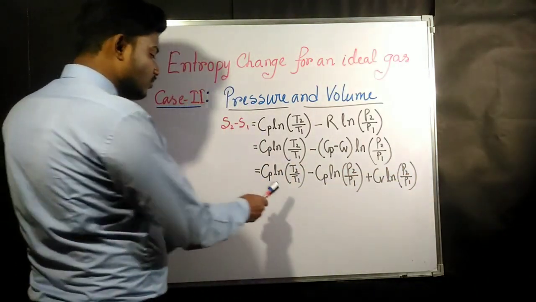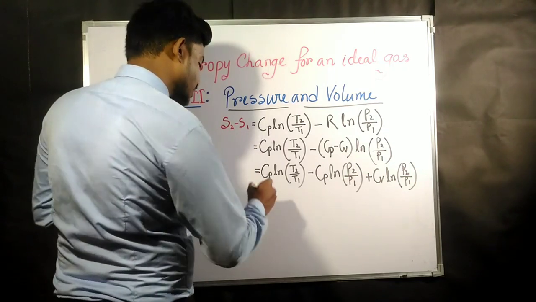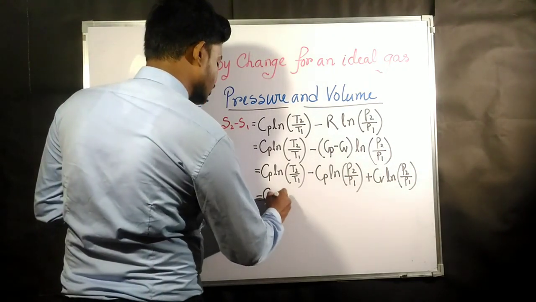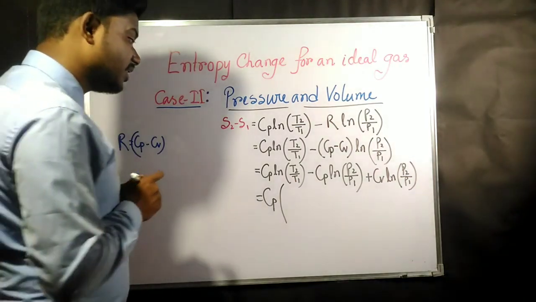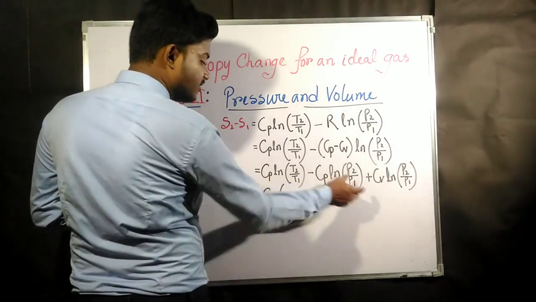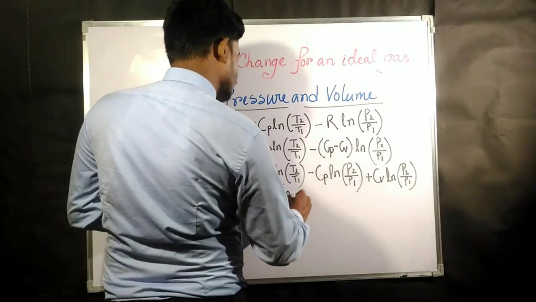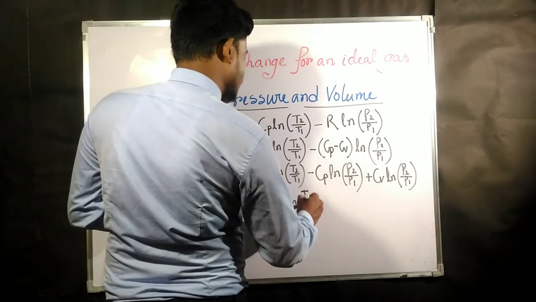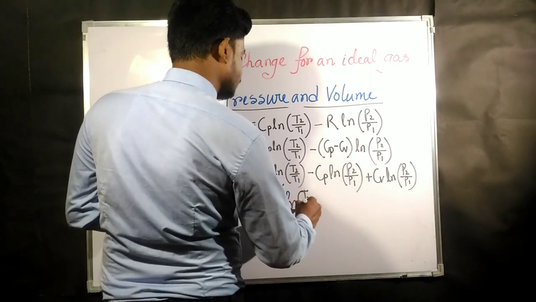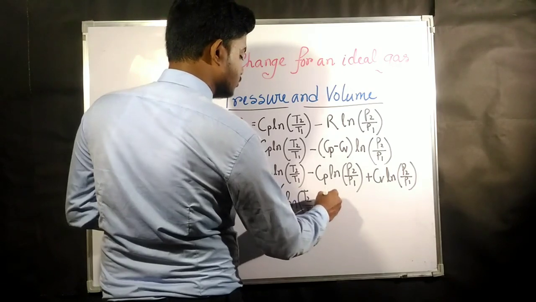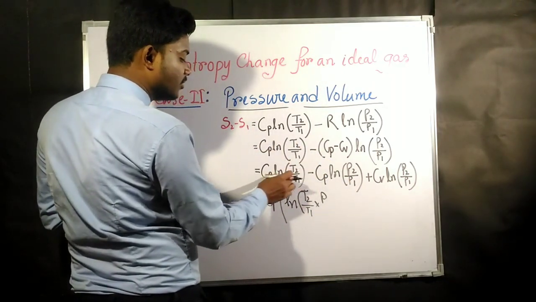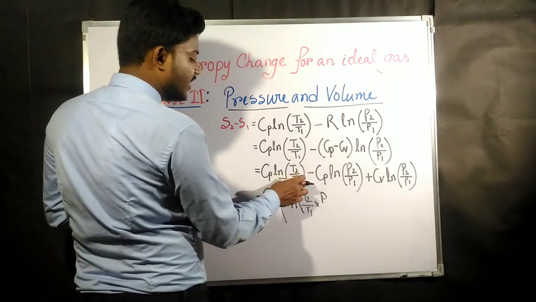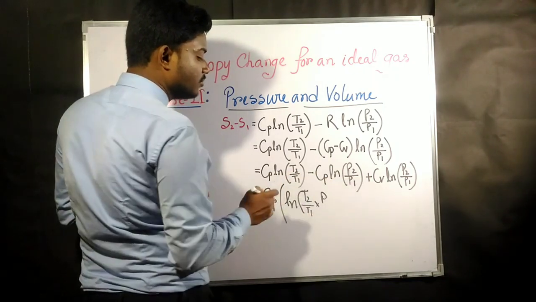Now from here, if you take Cp common, inside the bracket you are going to get ln T2 by T1 minus ln P2 by P1.